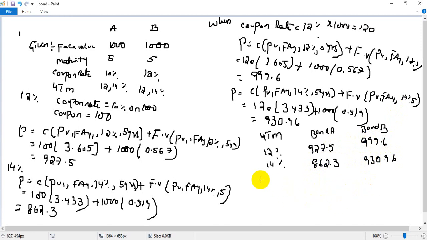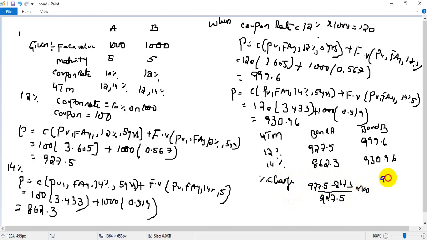You need to calculate the percentage change. How we are going to calculate the percentage change is 927.5 minus 862.3 divided by 927.5 into 100.